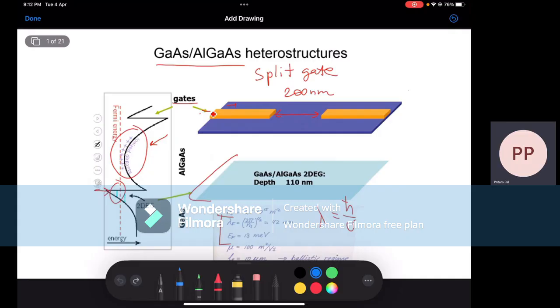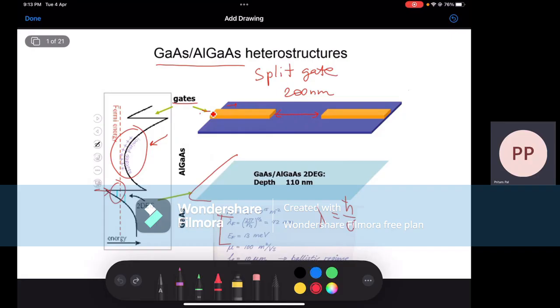So mainly we'll be discussing the two-dimensional electron gas that we already talked about a couple of times. Just a reminder, it is a semiconductor crystal which contains a heterostructure between two different semiconductors.